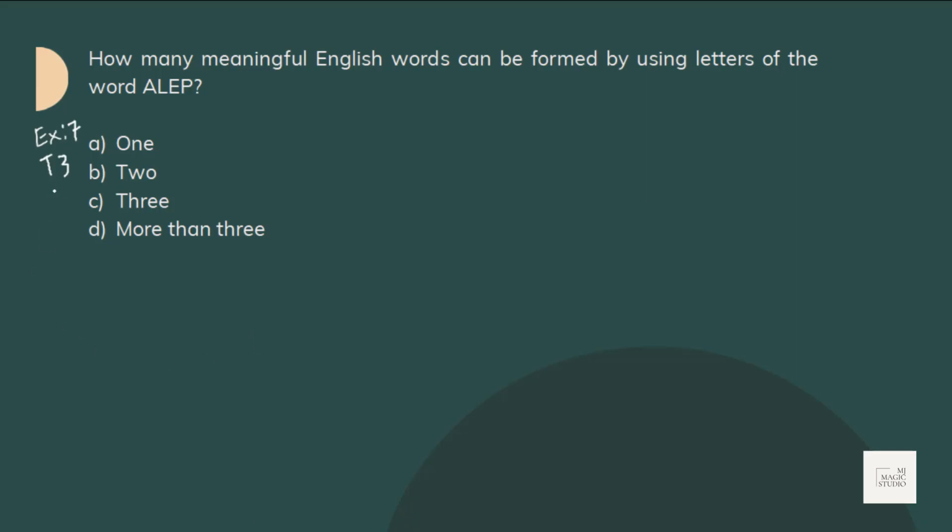Okay, example 7, type 3. How many meaningful English words can be formed by using the letters of the word A, L, E, P? Let's have some meaningful words. We can have peel, P-E-A-L. Then we can have leap, L-E-A-P. We can have pale, P-A-L-E.